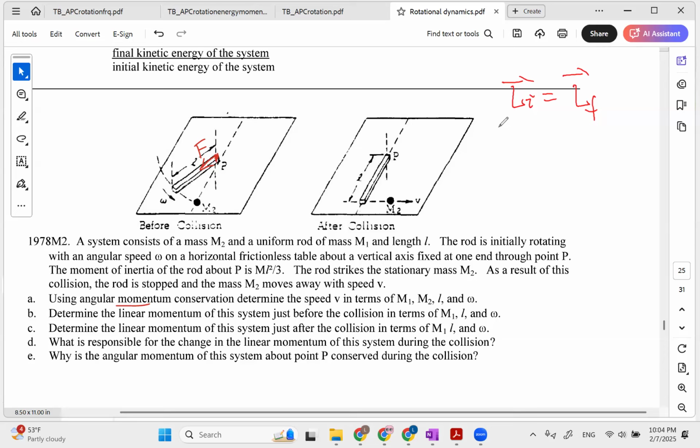It will be I omega. And then for the final angular momentum, you use L m2 v, r p sine theta. Does it make sense?